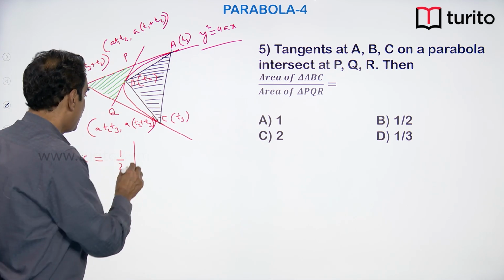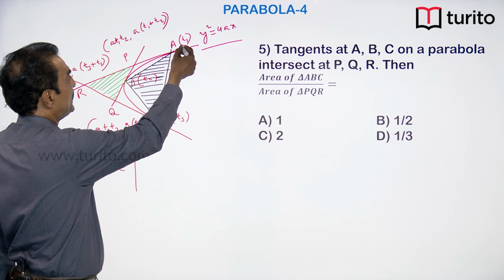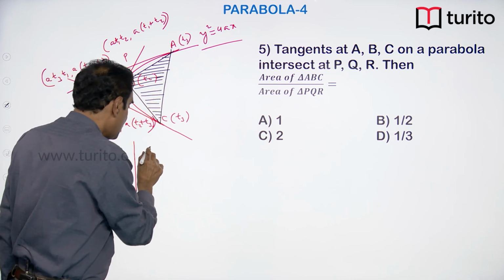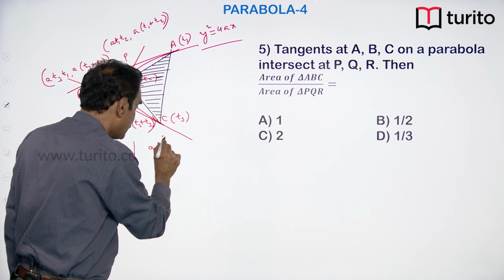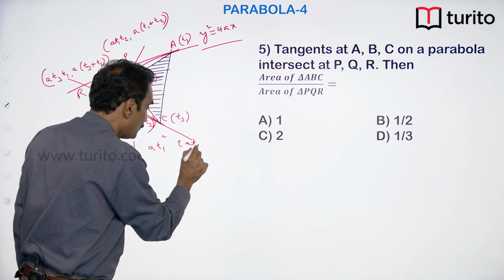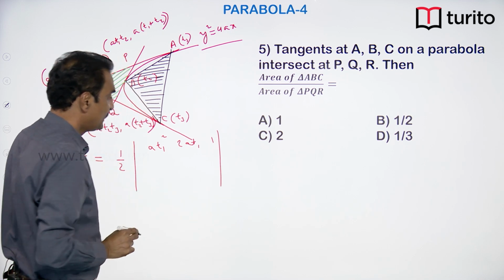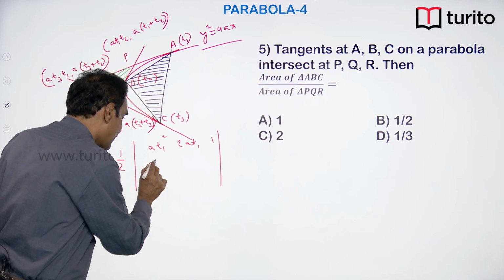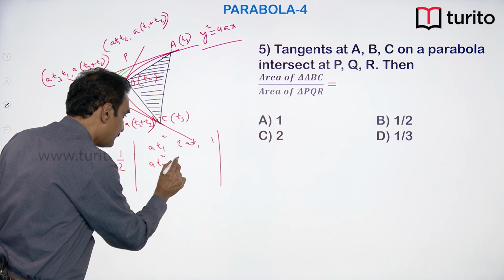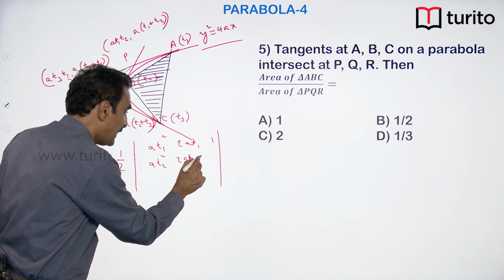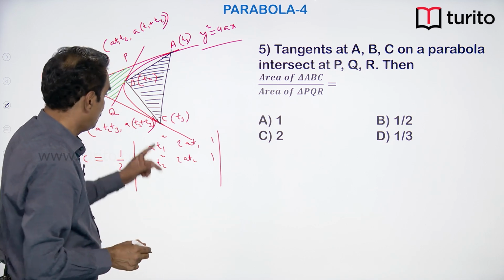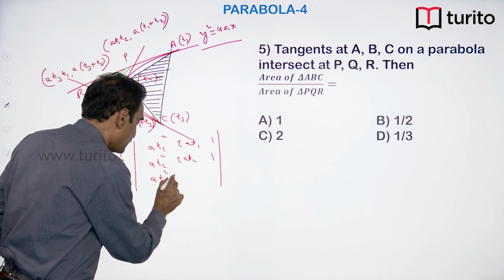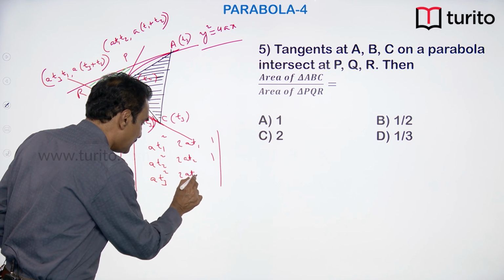What is x1? Coordinates of A: A t1 square, 2A t1, 1. Coordinates of B: A t2 square, 2A t2, 1. Coordinates of C: A t3 square, 2A t3, 1.